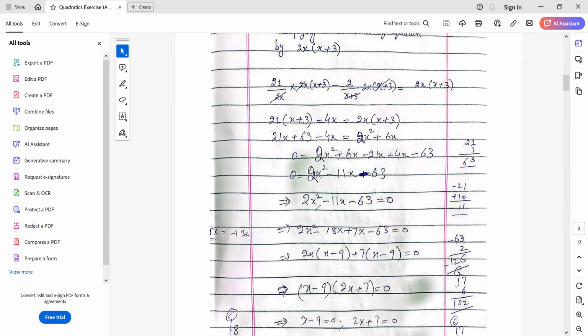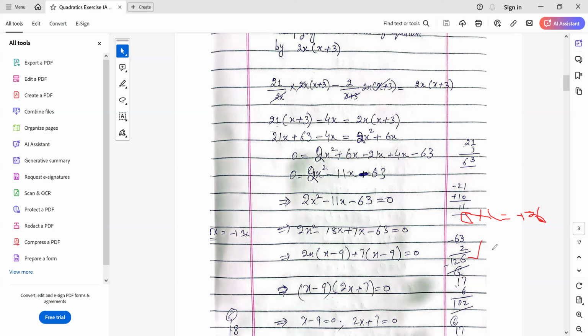And 63 into 2, you can solve it. Minus 63 into 2 is minus 126. Okay, this is our AC product, AC minus 126 here.